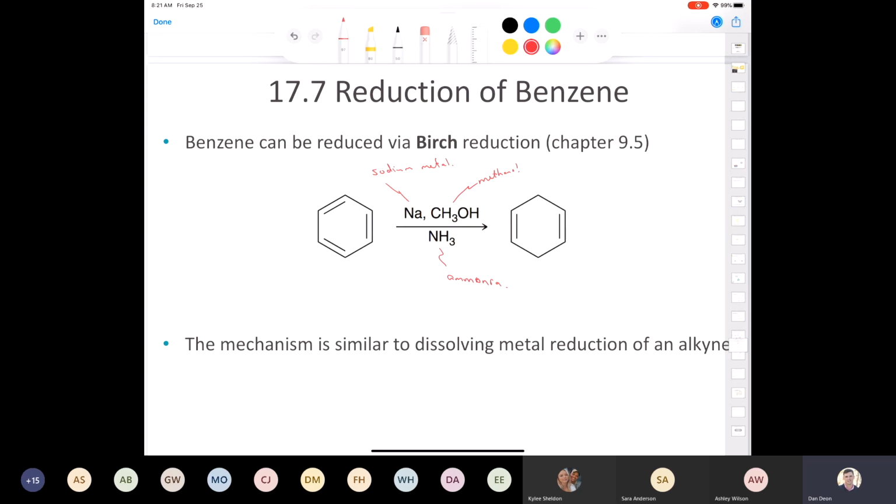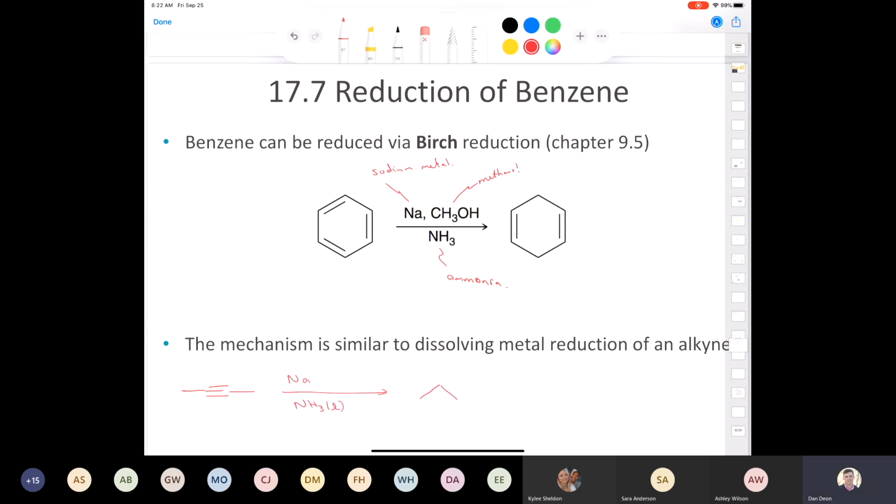And it says here that the mechanism is similar to the dissolving metal reduction of an alkyne that we looked at in chapter 9. So if you remember the radical anion, I'll just give you one example off the top of my head. If we took 2-butyne and we treated that with sodium and liquid ammonia, remember what happened?